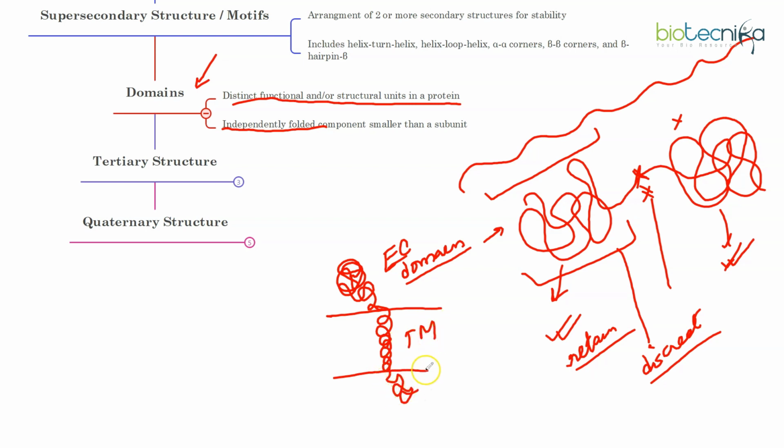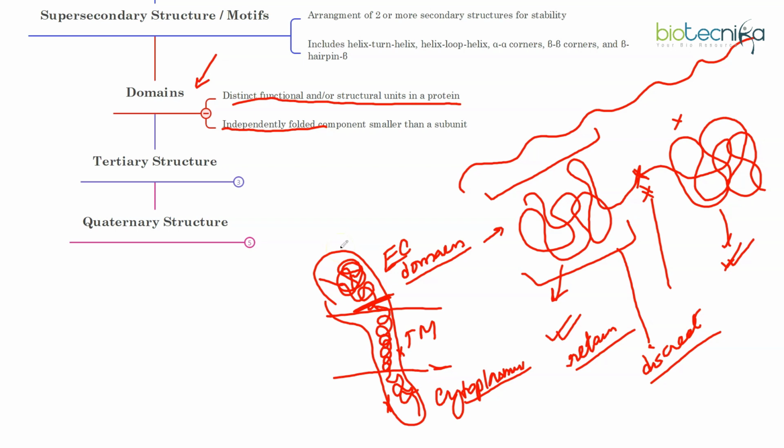Then you will have a cytoplasmic domain, which will interact with cytoskeletal components like actin filaments and microfilaments. Even if you cut one of these off, that doesn't mean the transmembrane or cytoplasmic domain will get affected. Their folding will remain the same. But this entire thing is one polypeptide chain.